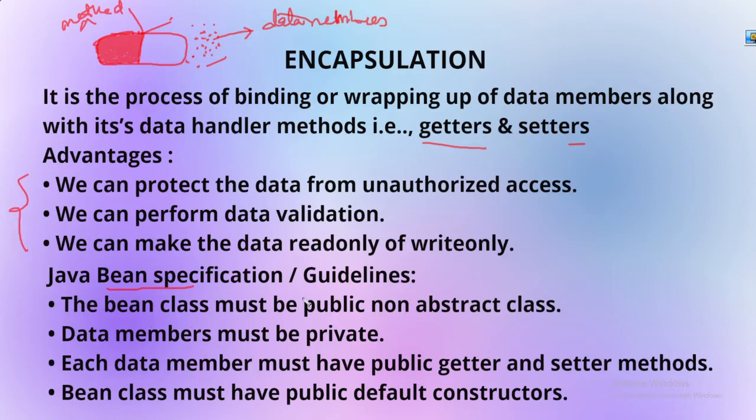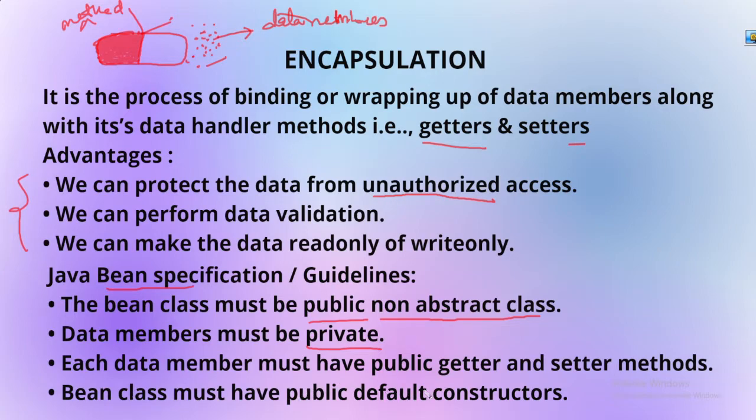The Bean class must be a public, non-abstract class. Keep this in mind always. The class that you are writing should be public, and the data members that you provide inside your class should be private. If they are private, only then can you protect them from unauthorized access.